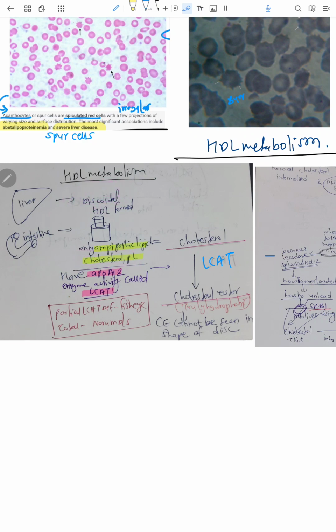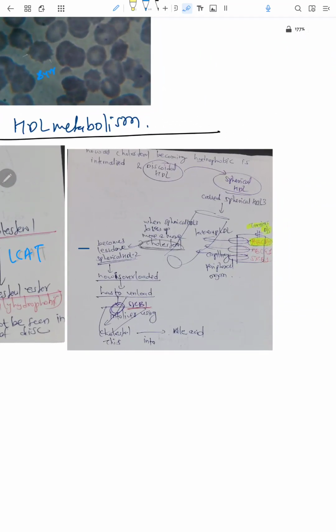Okay, the LCAT enzyme is responsible for converting cholesterol to cholesterol ester, and we know that cholesterol is amphipathic. Okay, but cholesterol ester is water hating, that is hydrophobic, so this cannot be on the surface, it is internalized. When this is internalized, this discoidal HDL is now called spherical HDL.